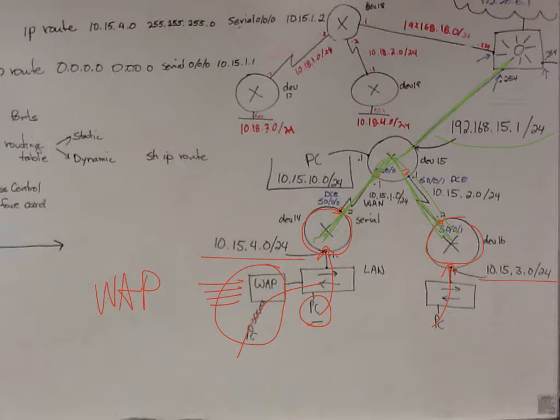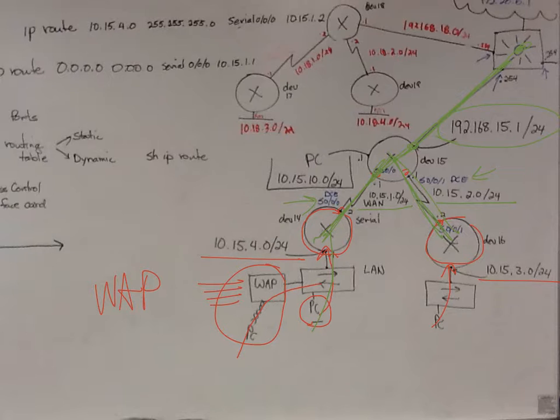So we did the addressing for in between there. Here was the addressing for those WAN connections. And we had to then take care of the DCE, the clock rate. Then we were able to get our PCs all the way out to here.